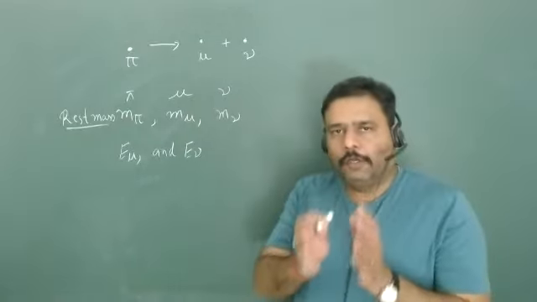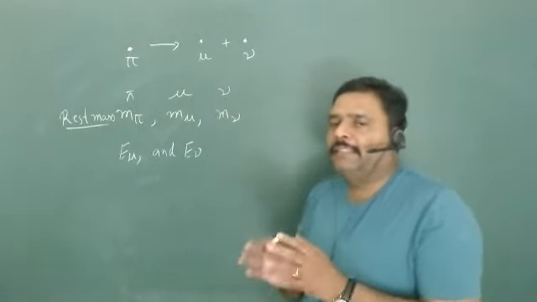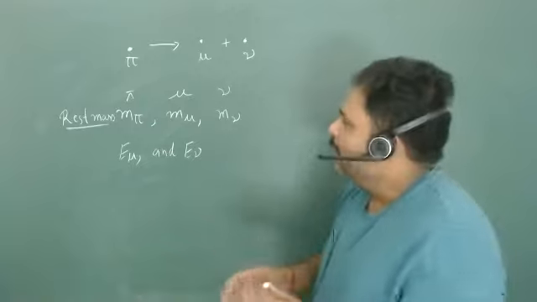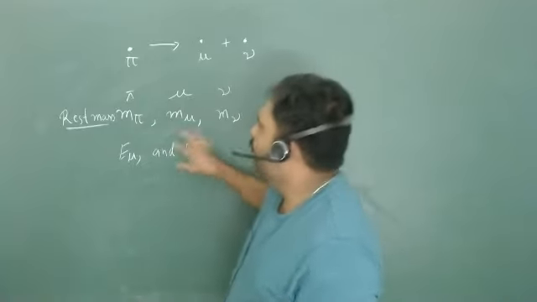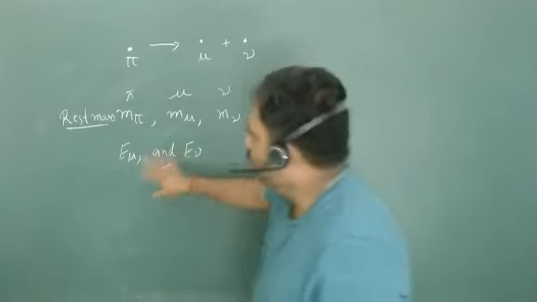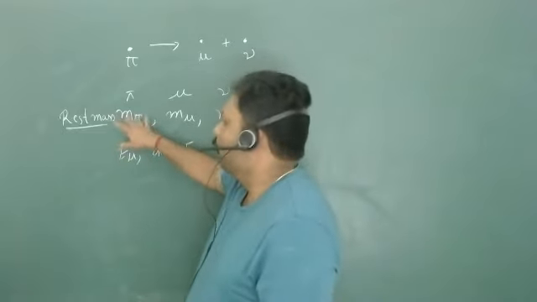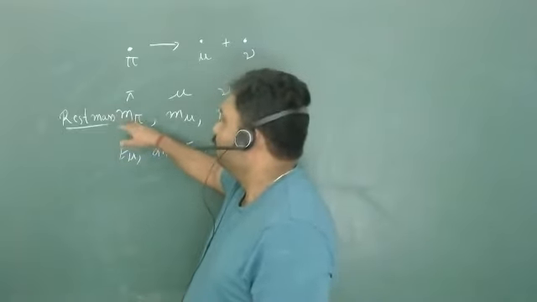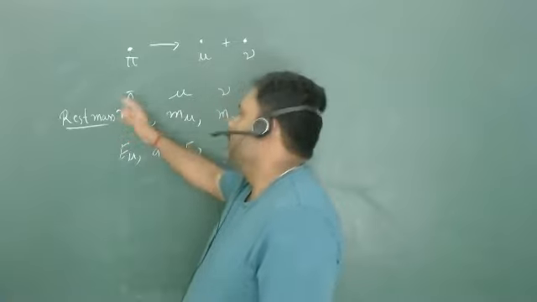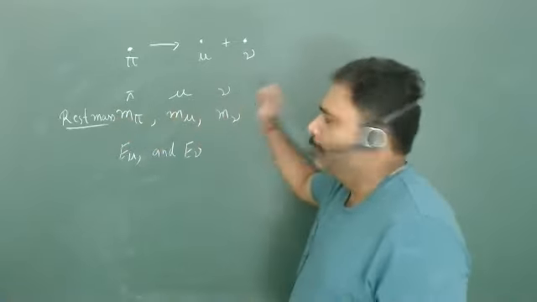And you should always take this thing very seriously, that you have to give the answer only by using the given variables, and these variables are m pi, m mu, and m nu.